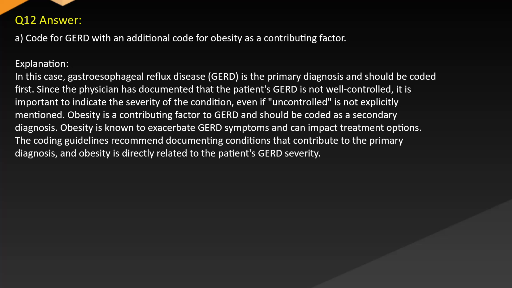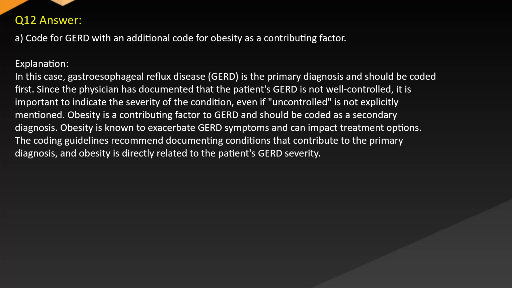Answer A. Code for GERD with an additional code for obesity as a contributing factor. Explanation. In this case, gastroesophageal reflux disease (GERD) is the primary diagnosis and should be coded first. Since the physician has documented that the patient's GERD is not well controlled, it is important to indicate the severity of the condition even if uncontrolled is not explicitly mentioned.